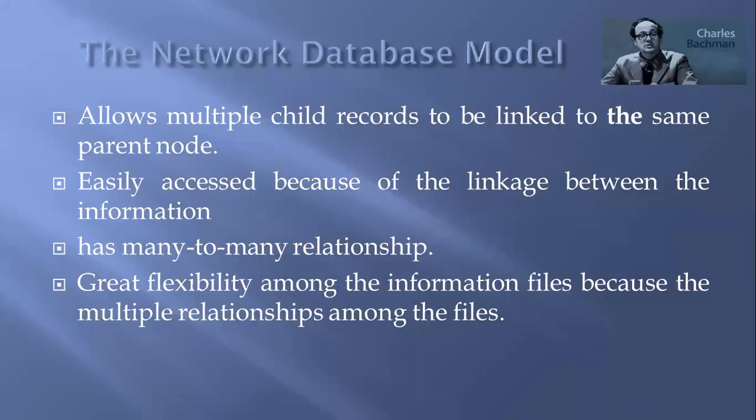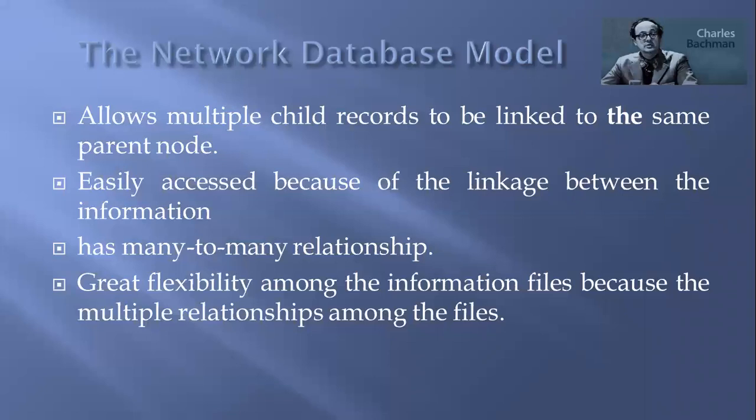Then we have the network database model. The network database model was invented by Charles Bachman in 1969 as an enhancement of the already existing database model, which was highly flawed.